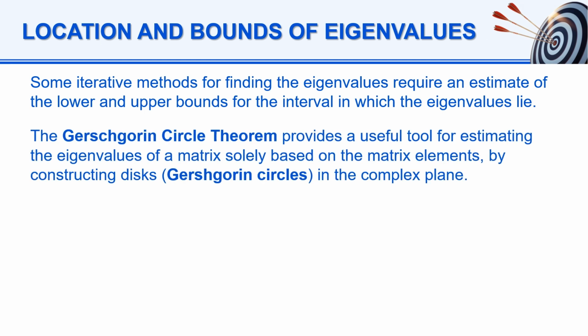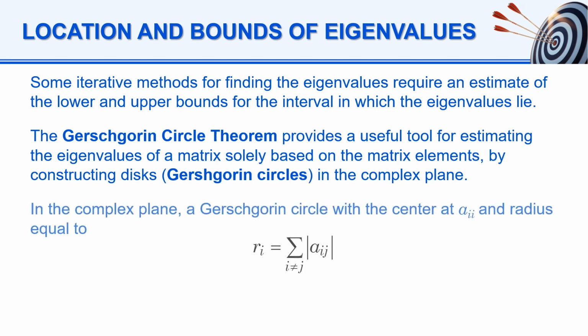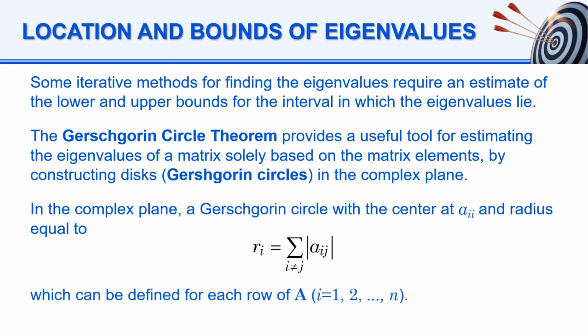The Gerschgorin circle theorem provides a useful tool for estimating the eigenvalues of a matrix solely based on the matrix elements by constructing disks, Gerschgorin circles, in the complex plane. In the complex plane, a Gerschgorin circle has its center at a_ii and a radius equal to the following, which can be defined for each row of A, with the row index i equal to 1 through n.